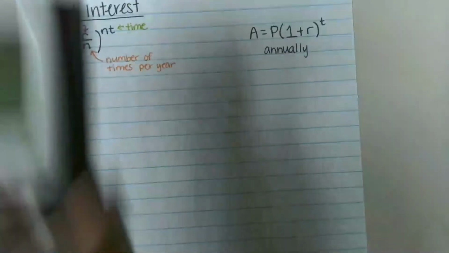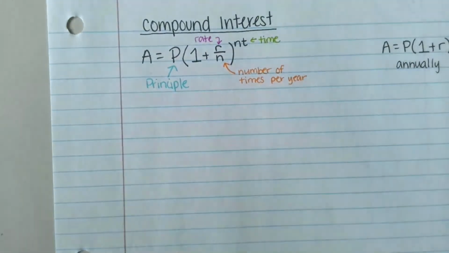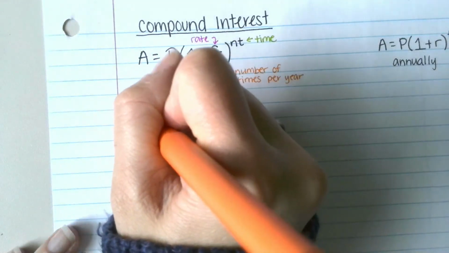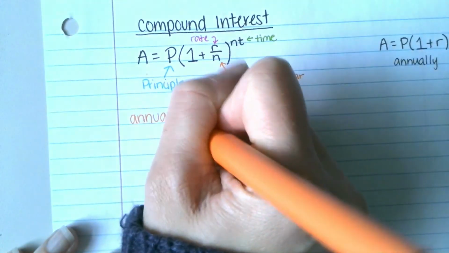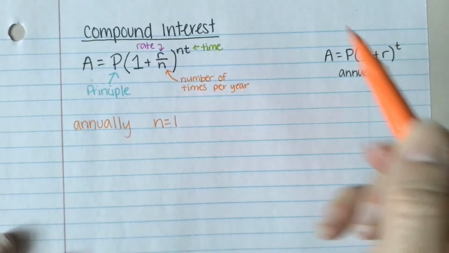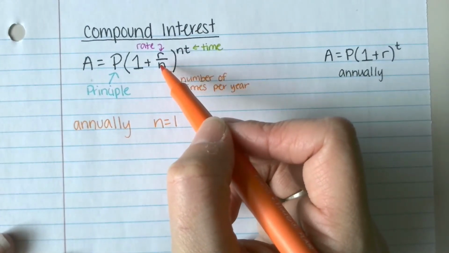Before I release you to work on the Delta Math, there are 2 things. The first thing, let's talk a little bit about different values for N. We know annually is 1 time a year, so that would be N equals 1. And the reason that this original formula works is that you would have R divided by 1, and nothing happens when you divide by 1.